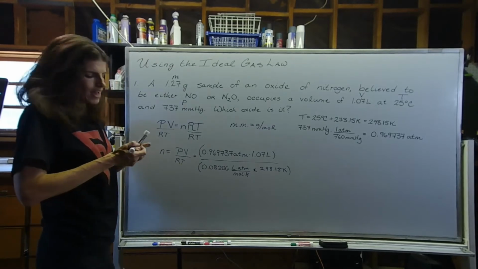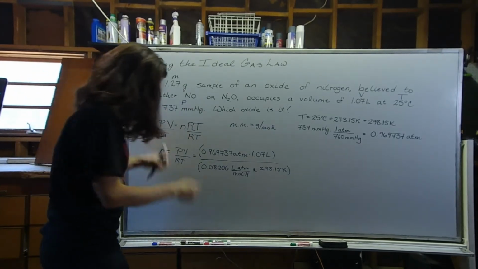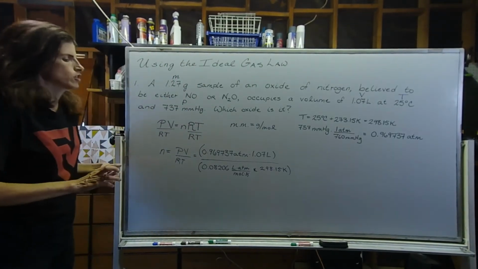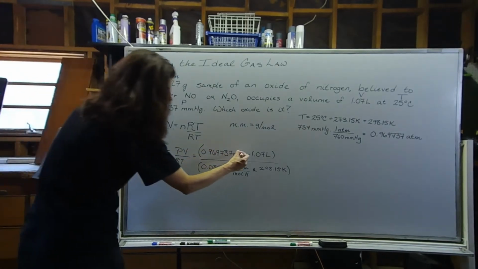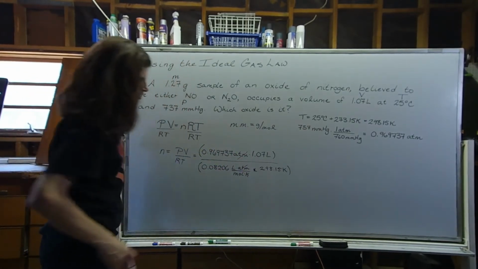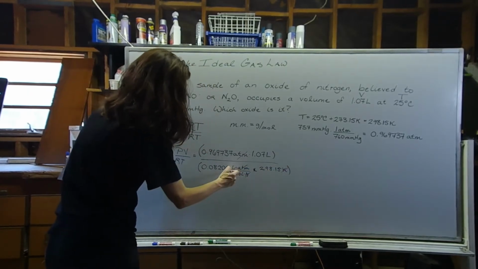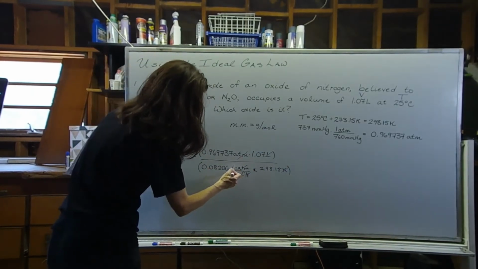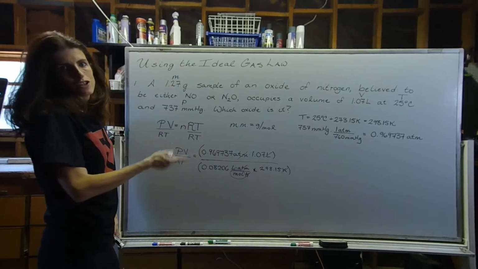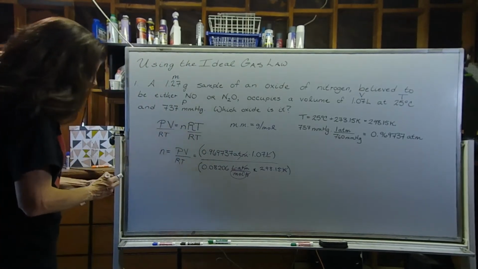With these, as with all equations, we always want to check our units. So atmospheres will cancel with atmospheres, Kelvin with Kelvin, liters with liters, and then we have moles on the bottom of a double fraction. So that gets flipped up to the top.